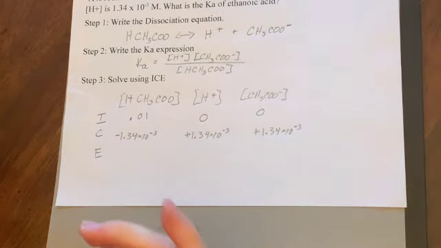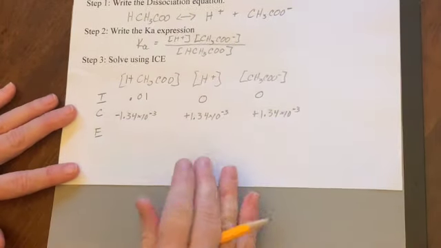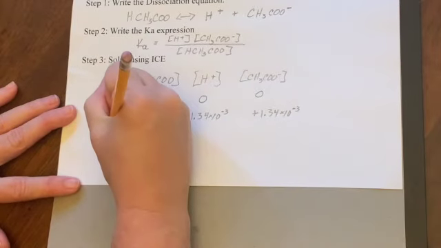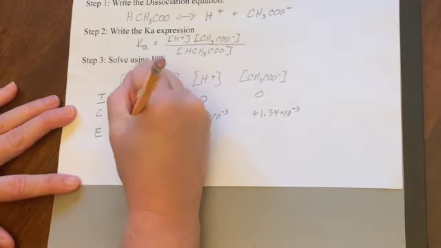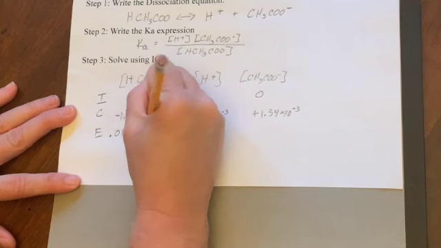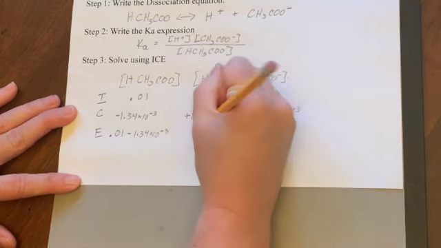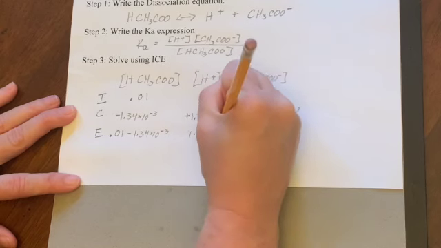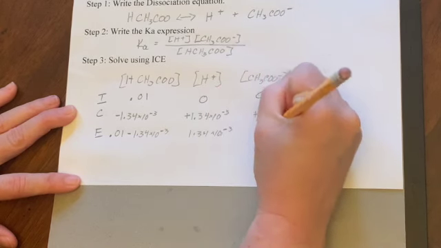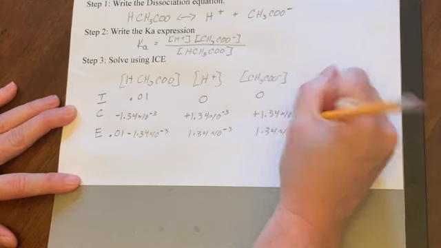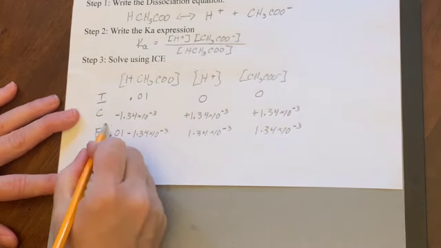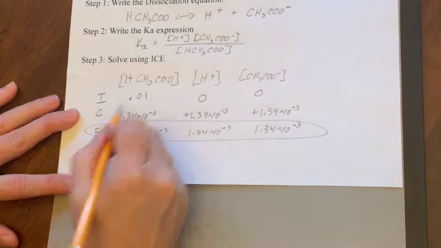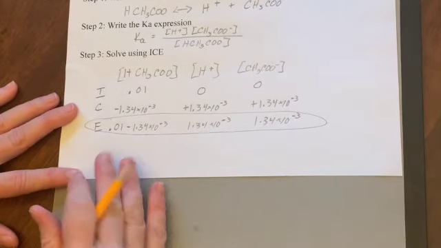This is just like using that X when we were doing ICE charts in the last unit. So at equilibrium, I'm 0.01 minus 1.34 times 10 to the negative third, and then this is simply 1.34 times 10 to the negative third and 1.34 times 10 to the negative third. You're now going to plug these numbers into this Ka expression.